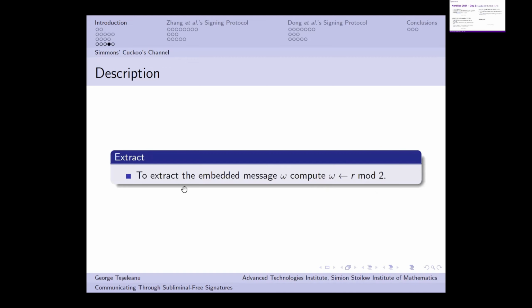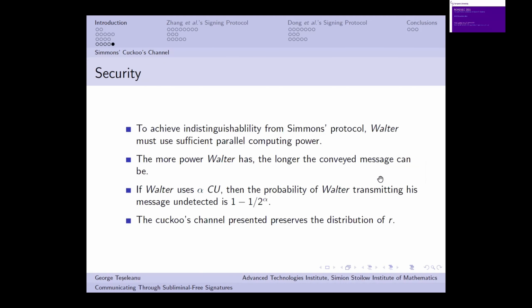In order to extract the message, again, R is public, so we can extract the message by simply computing R mod 2. Now, there are some security issues. In order to achieve indistinguishability from Simmons' protocol, Walter must use sufficient parallel computing power. Why is that?